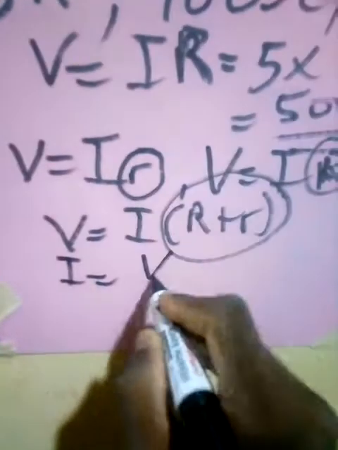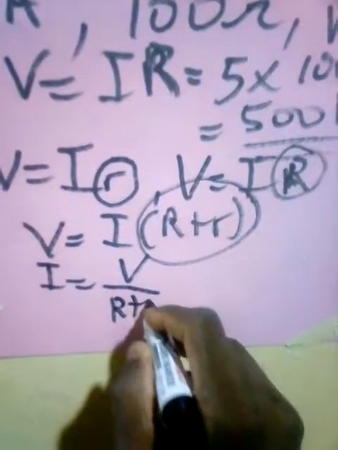That's the internal resistance and the external resistance. This can also be written as I equal to V over R plus r.